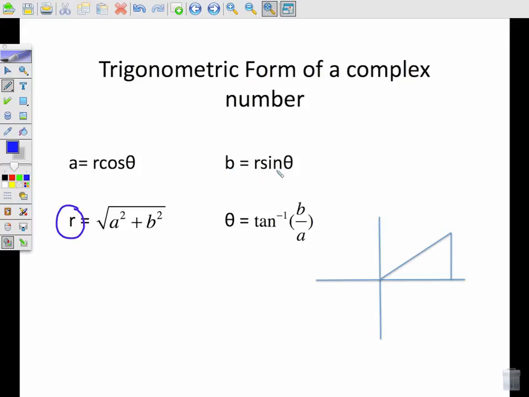And your b value is equal to r sine theta. Remember that cosine is your x value and sine is your y value. It's like xy. We're multiplying them by r.